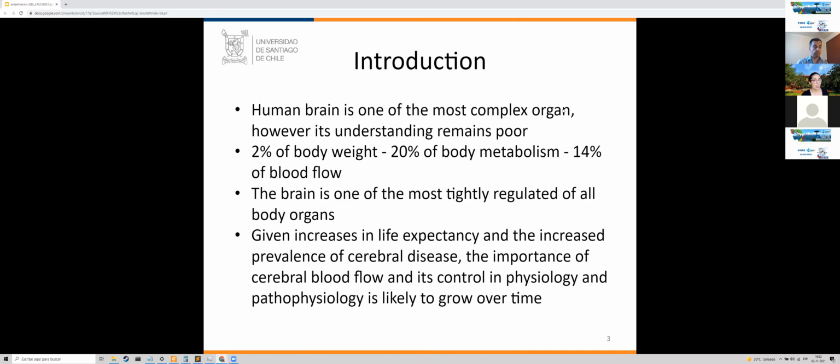Our brain is one of the most tightly regulated of all organs in our body. Given increases in life expectancy and the increased prevalence of cerebral disease, the importance of cerebral blood flow and its control in physiology and pathophysiology is likely to grow over time.